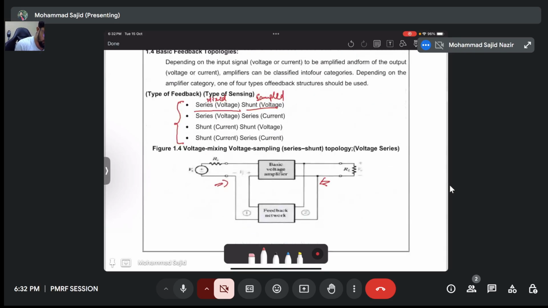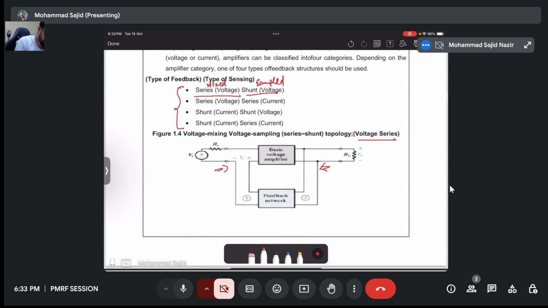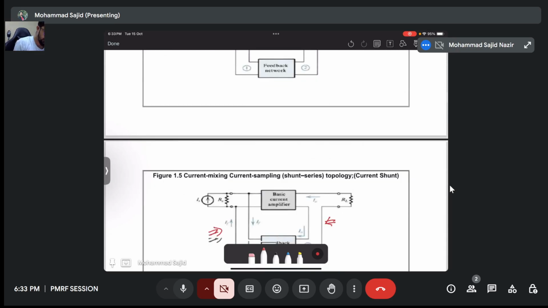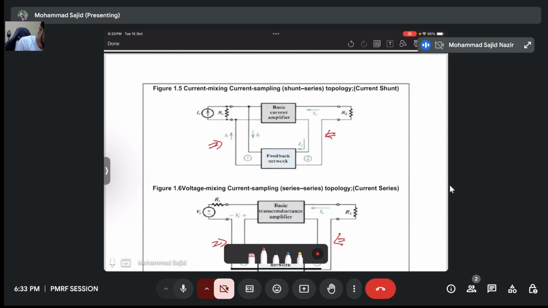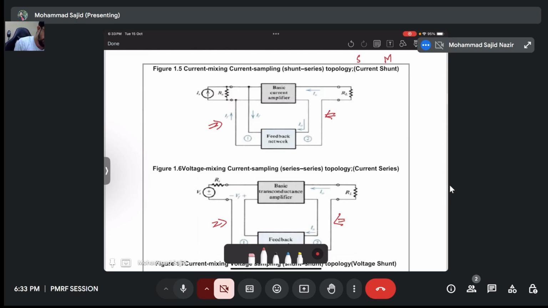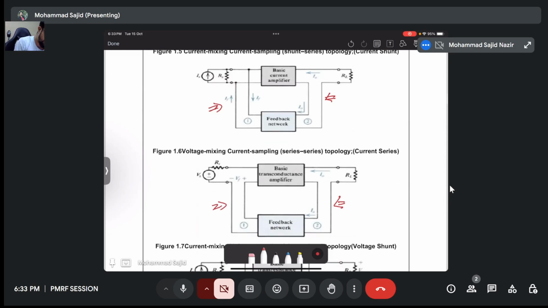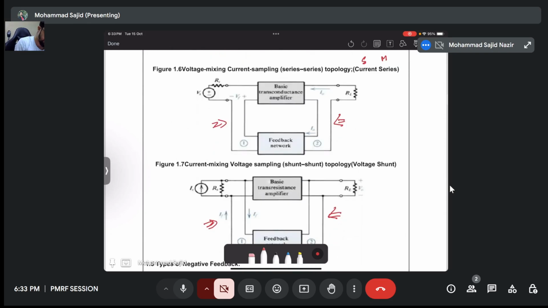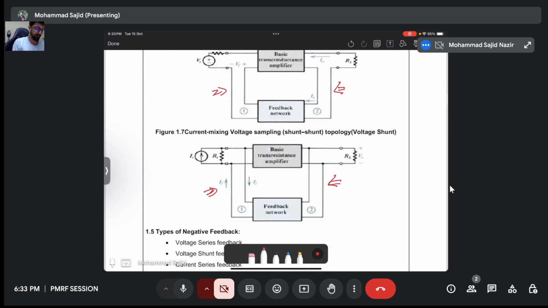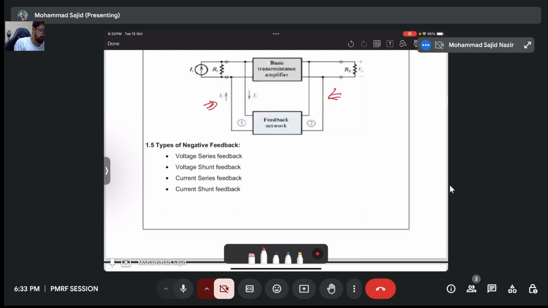Here it is voltage series: sampling, mixing. This is current shunt: sampling and mixing. So we have voltage series feedback.